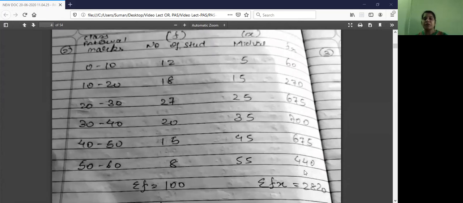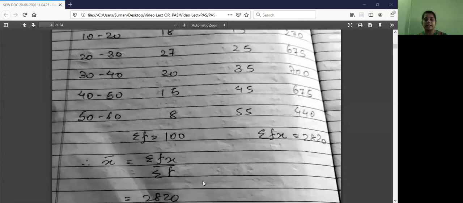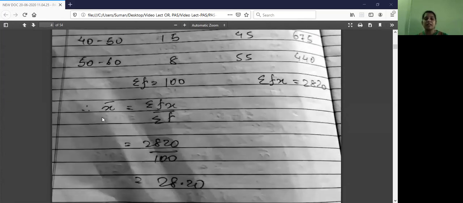After that, we find the value of summation fx, which is equal to 2820. We also find summation f, or capital N, both are the same. The number of students, summation f, is equal to 100. So our formula is x bar equal to summation fx divided by summation f. Got it?